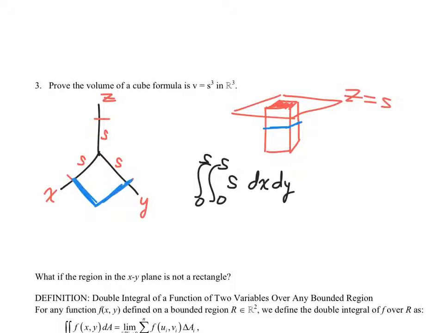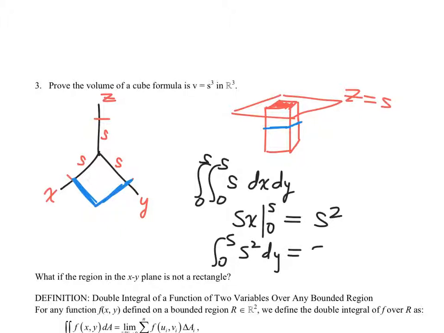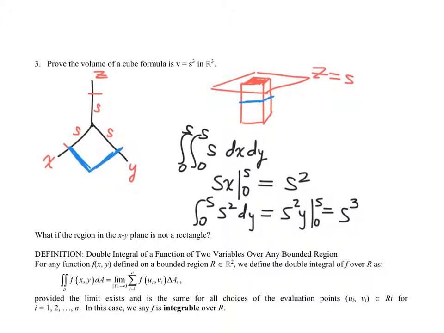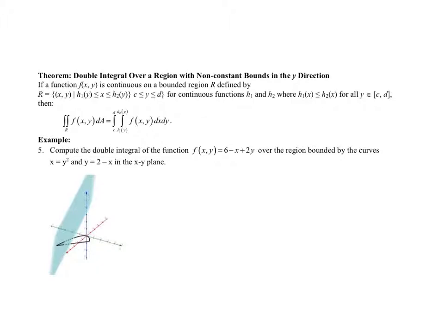So when I integrate, I would get sx from 0 to s, which gives us s squared. Then I integrate that with respect to y, which gives me s squared y, also from 0 to s, in which case I get s cubed. So that's the double integral of the function over the region bounded by the curves in the xy plane.